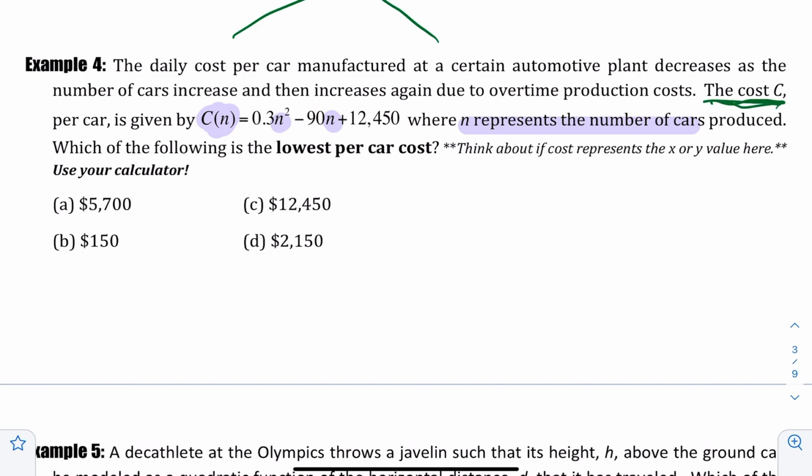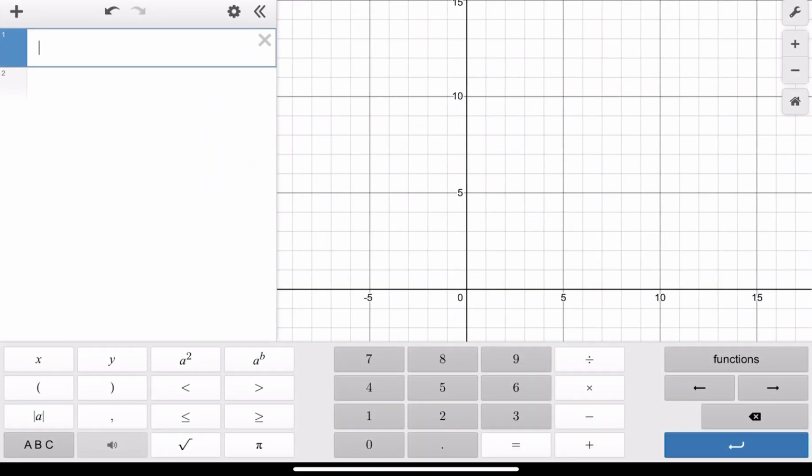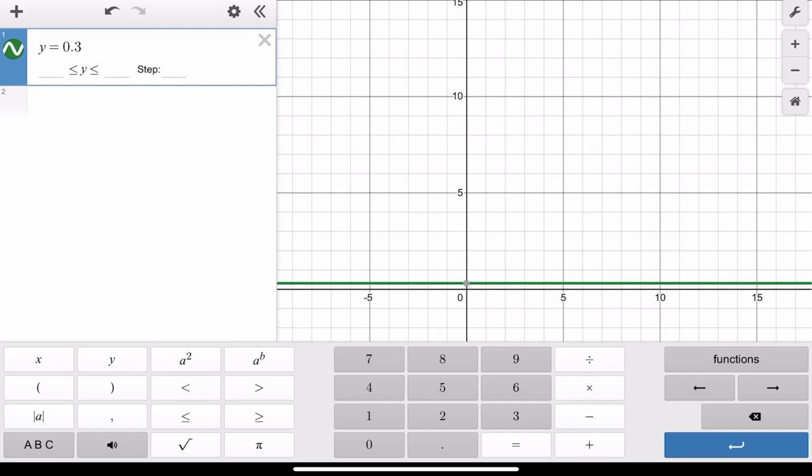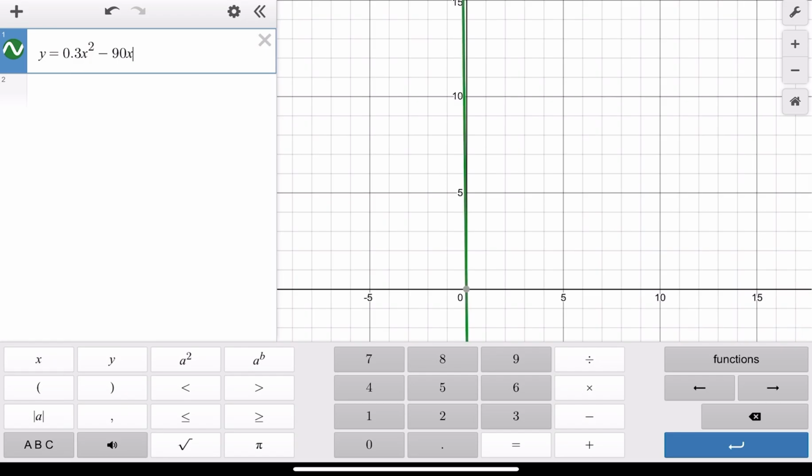So my lowest cost is going to be the lowest y value that I get when I plug this into Desmos. So if I go over to Desmos and I clear out my last equation and I type in y equals 0.3x squared minus 90x plus 12,450.